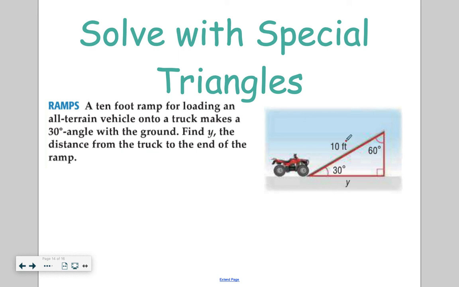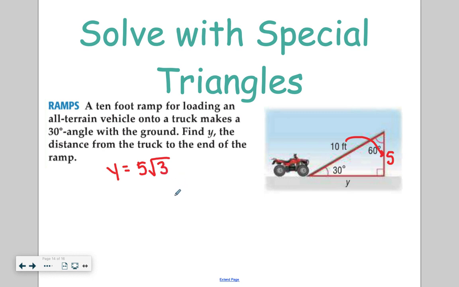From there, we can figure out our short side, our 30-degree side, cutting it in half, which is going to give us 5. And then our y side is our middle side. So we're going to take our short side, which is 5, and multiply it by the square root of 3.